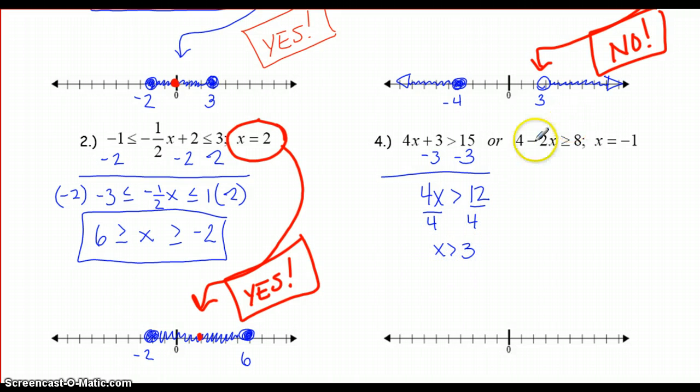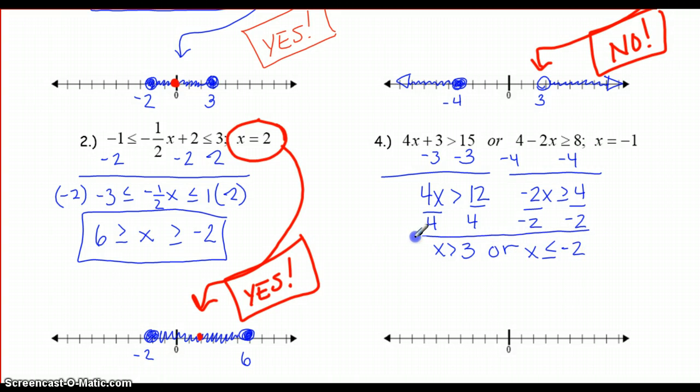Now we're going to solve the other one. Subtract 4 from both sides. Negative 2x is greater than or equal to 4. Divide by a negative, so we're going to flip the sign. Less than or equal to negative 2. Again, this is an or, so we have to put that word back in there. And here's our answer.